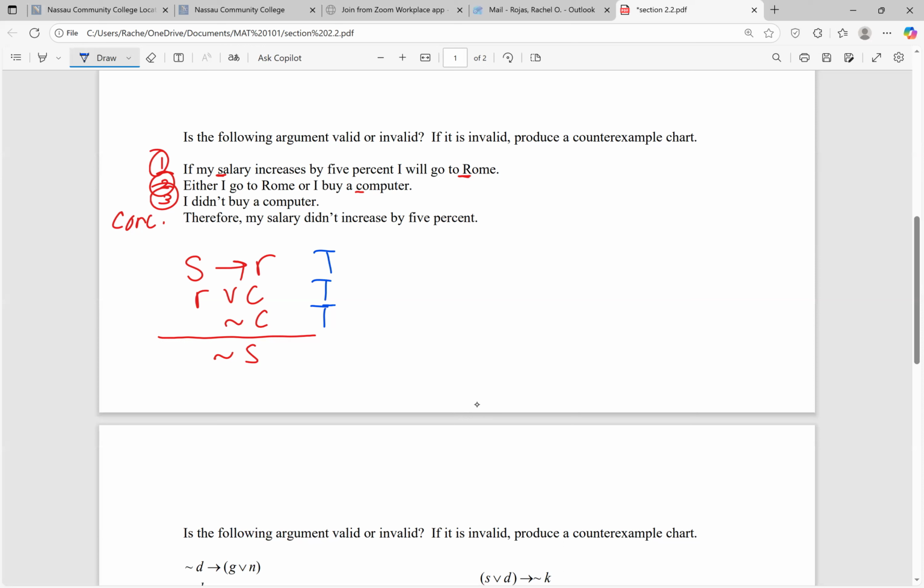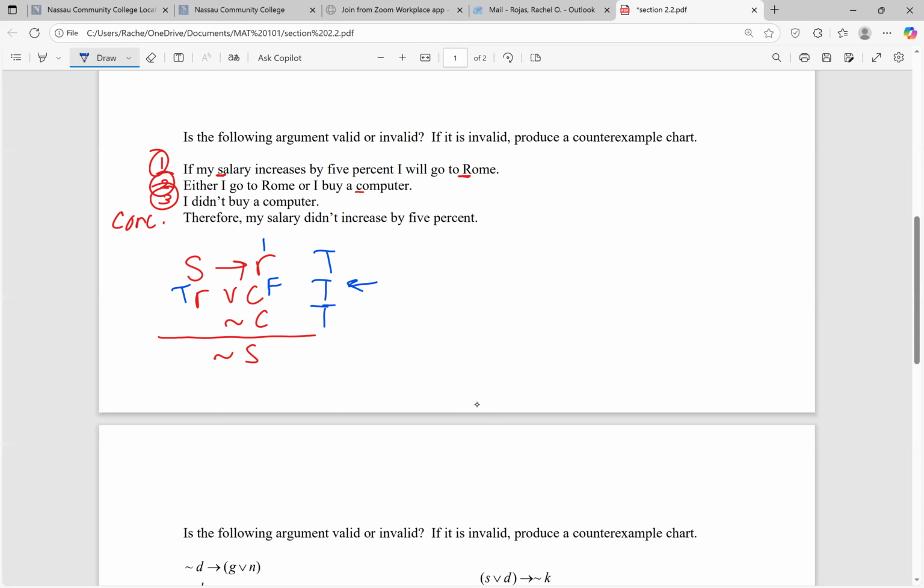So if not C is true, then C is false. But it's within the statement R or C, which we're assuming is true. So the only way this or statement could be true if the right-hand side is false is if the left-hand side is true. So that makes R true.